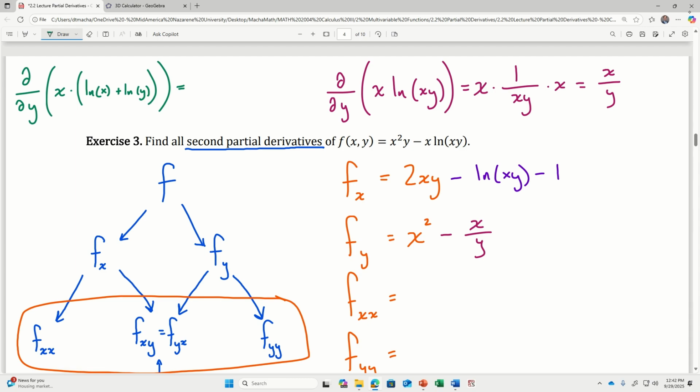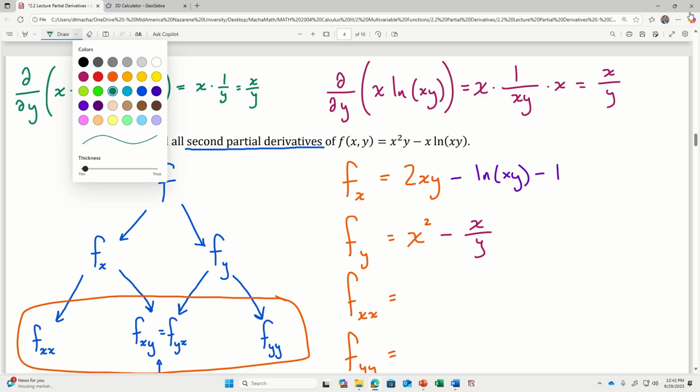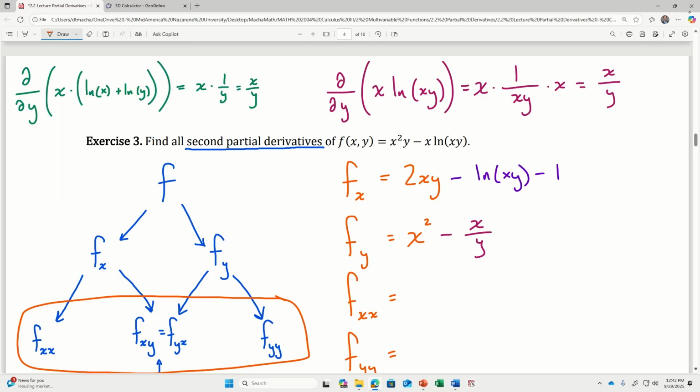Because we're pretending x is constant, so x times natural log of x is a constant. The part that's not a constant is natural log of y, which is 1 over y. But there's a property of logarithms that says this is the same thing. The natural log of x times y is the natural log of x plus the natural log of y. Okay, either way, same answer. Doesn't matter how you want to think about it.